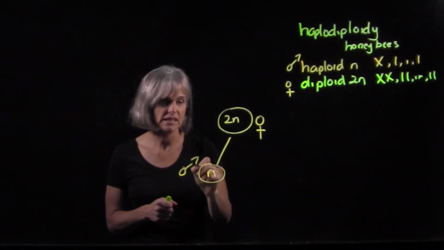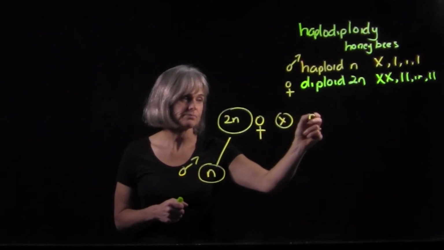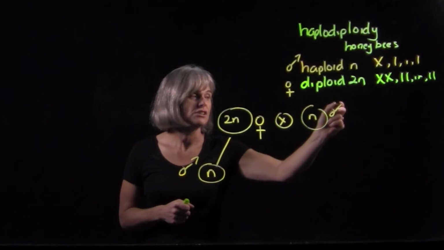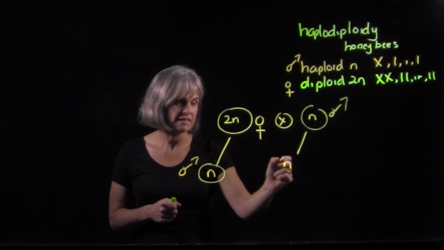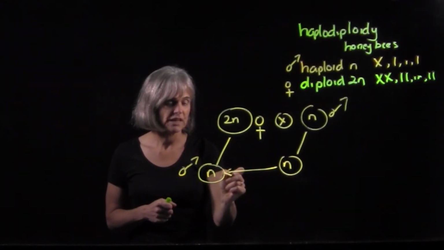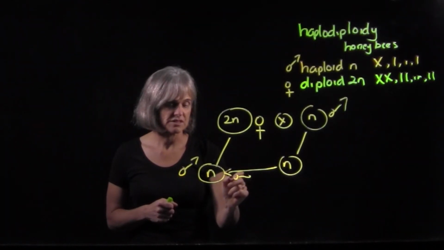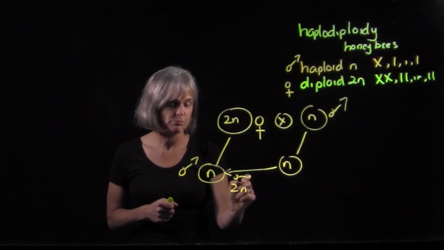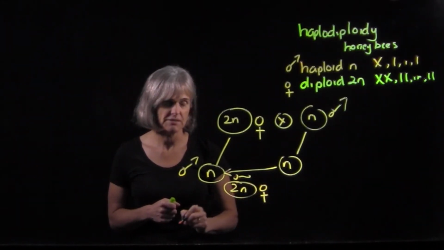So this would be a male honeybee. If, on the other hand, a male honeybee makes sperm that look like this, and this sperm fertilizes this egg here, we will end up with a diploid cell that will become a female honeybee.